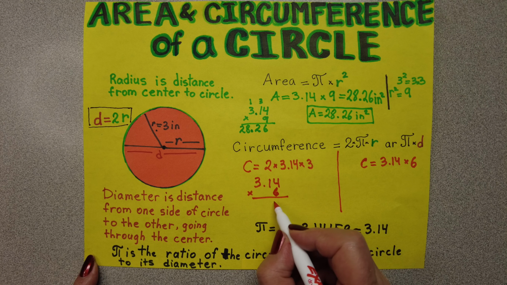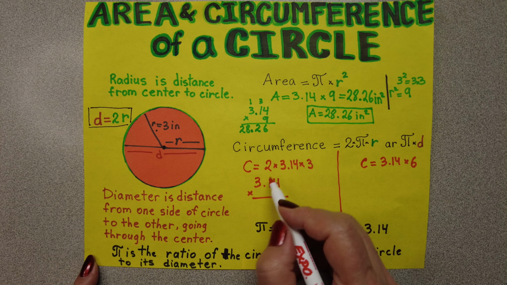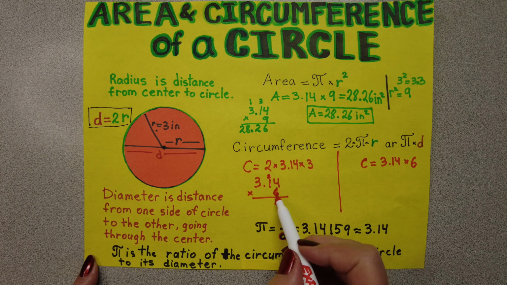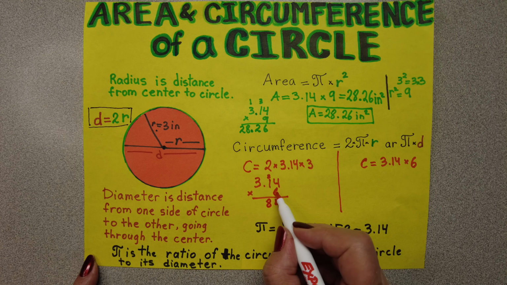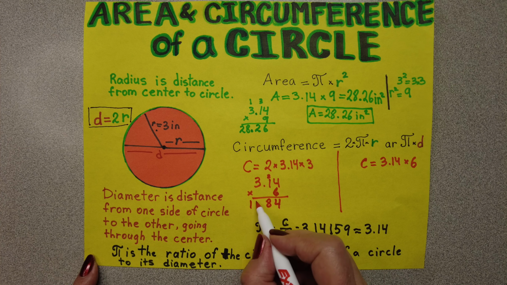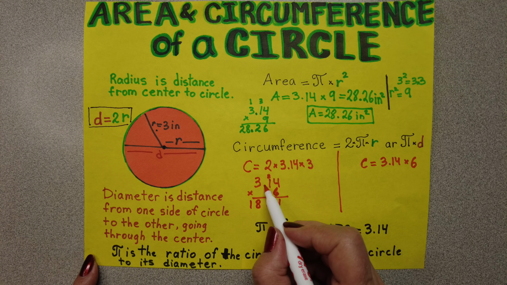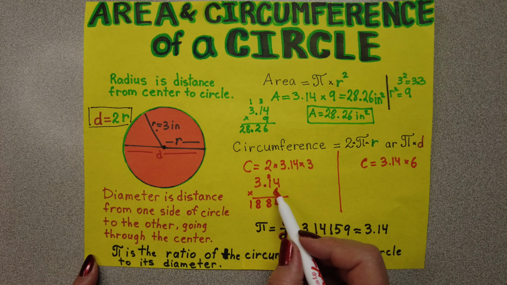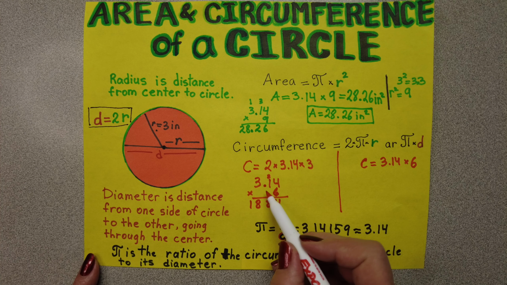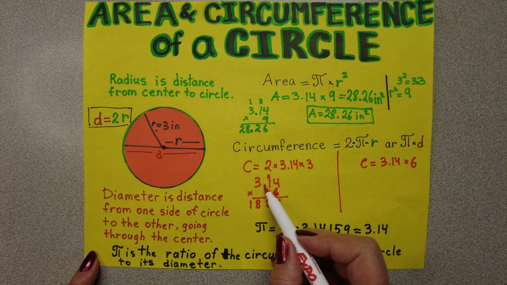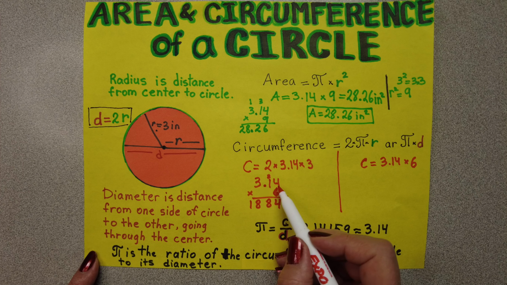6 times 4 is 24. 4 goes here, 2 on top. 6 times 1 is 6 plus 2 is 8. 6 times 3 is 18. Again, we remember our lesson about how to multiply decimal numbers. We count the numbers after the decimal point, 1 and 2.